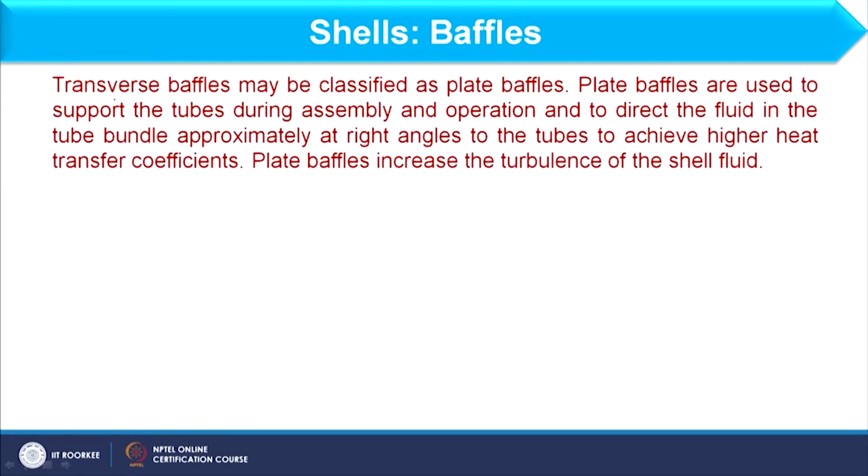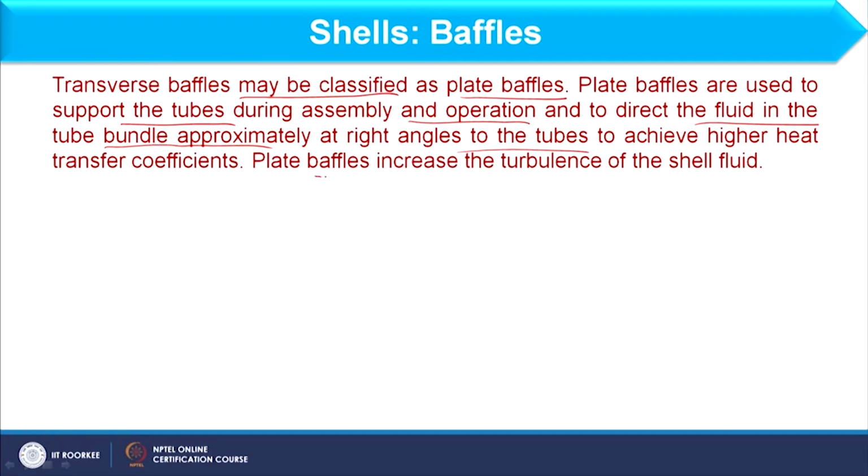So, as far as transverse baffles are concerned, they may be classified as plate baffles, and these baffles are used to support the tubes during assembly and operation and to direct the fluid in the tube bundle at right angles to the tubes to achieve a higher heat transfer coefficient. Okay.